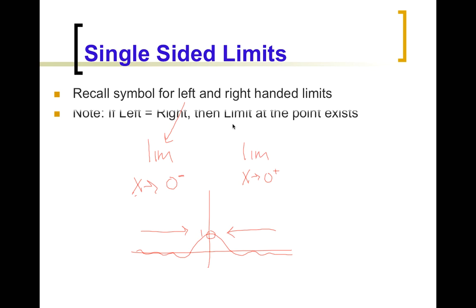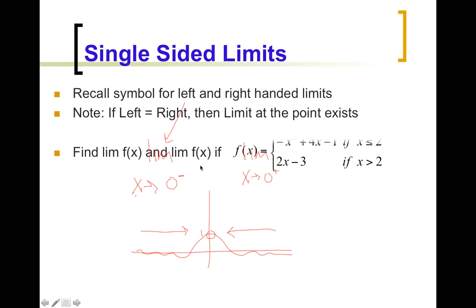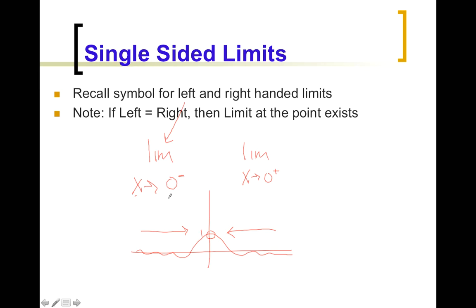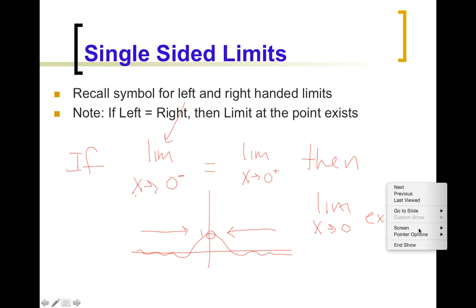And our little property that we get is, if the limit from the left is equal to the limit from the right, then the limit as x approaches 0 exists. And that's very important for us.